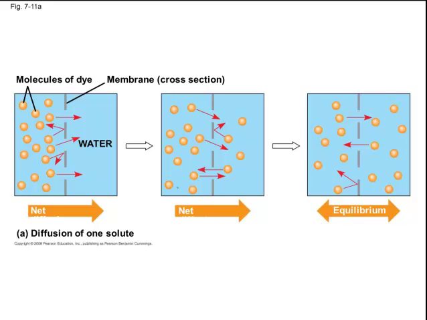Now, if there is diffusion of one solute across a membrane, it will move from the region where the solute is high in concentration to a region where it is low. It will keep moving till it has reached an equilibrium, till both sides have equal amount of the dye.